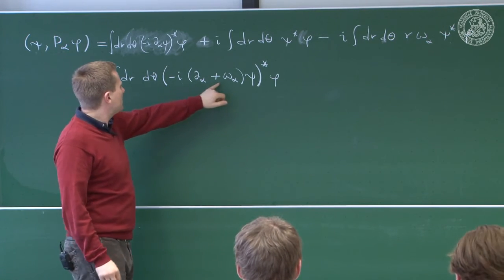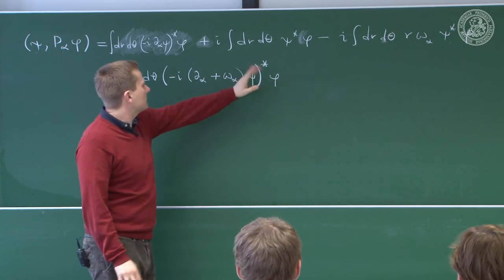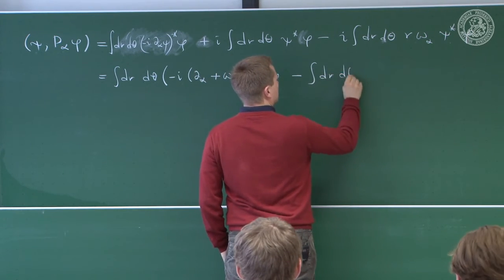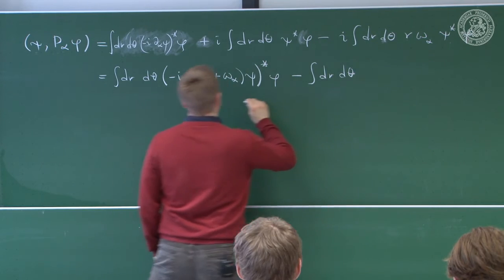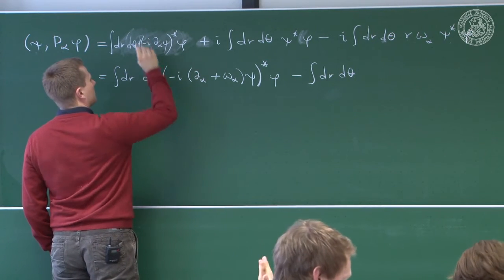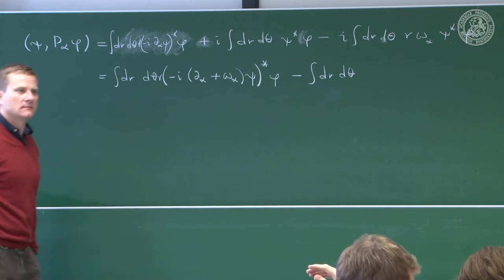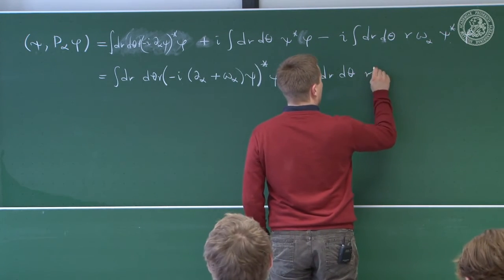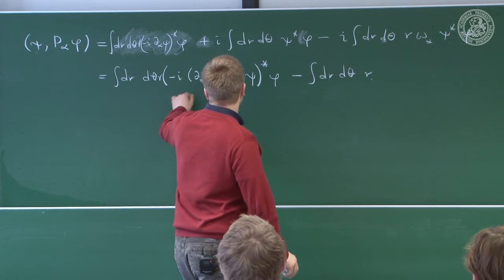Okay, so what did we add? We added, okay, minus I, be careful. So dr d theta, I think there's another r here, no? There is an r here. Yeah, okay. So dr d theta r, so I take away what I added.